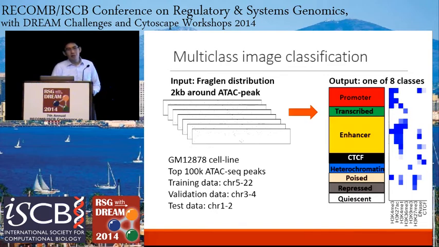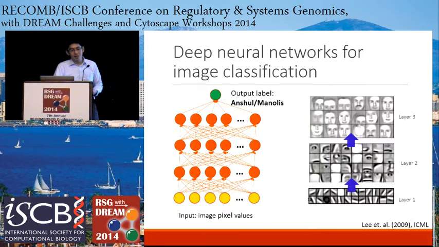At this point, many of you are familiar with machine learning. You could use your favorite machine learning algorithm to solve this problem, but since this is an image classification task, we decided to leverage recent advances in image classification technology. One model which has become pretty dominant in image classification is deep neural networks.